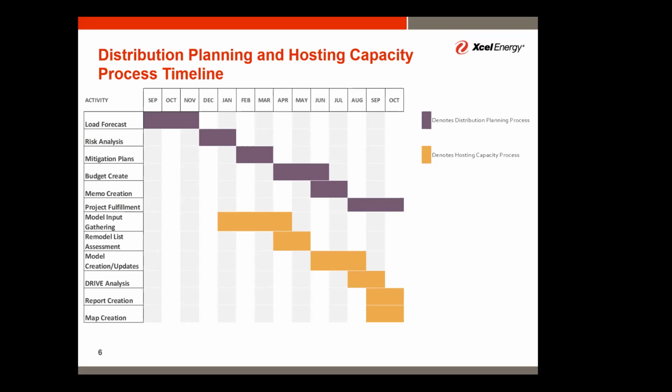In hosting capacity, based on some of these projects, a remodel list is needed. Xcel Energy has taken a stance of fully remodeling all feeders within a 3-year cycle. However, feeders that have had significant capacity upgrades or load additions or additional DER have been selected to be remodeled every year that those conditions occur.